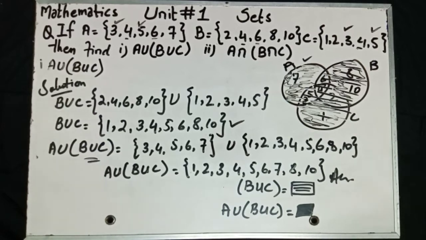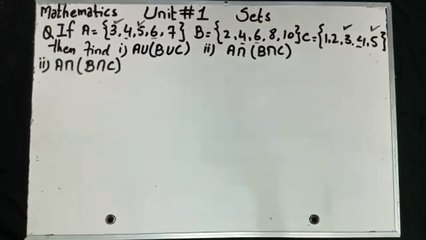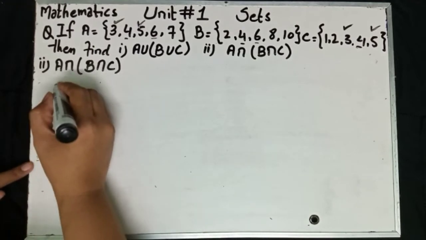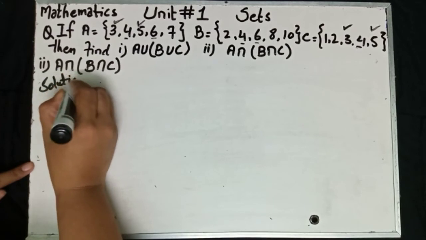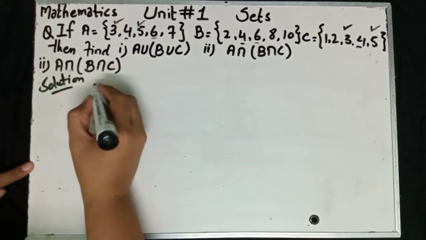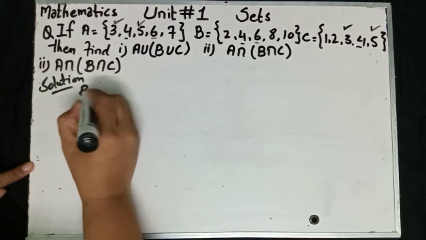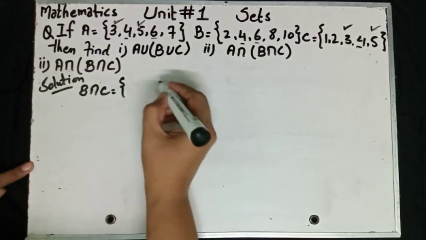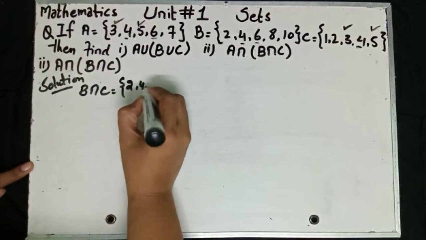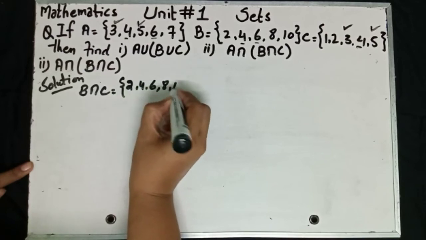Then first part, second part, find intersection. First we solve the round bracket. B intersection C. First copy B intersection C. So elements of set B: 2, 4, 6, 8, 10.